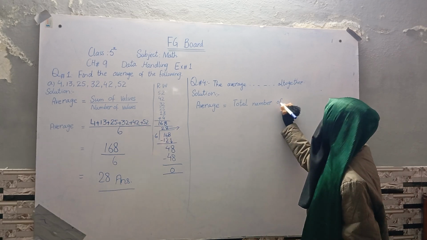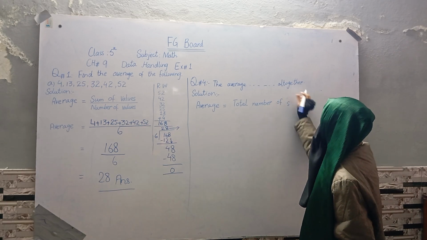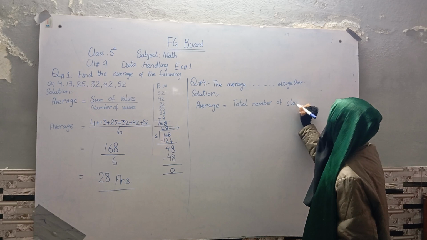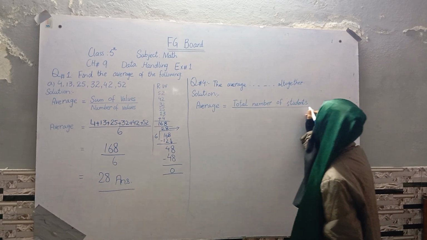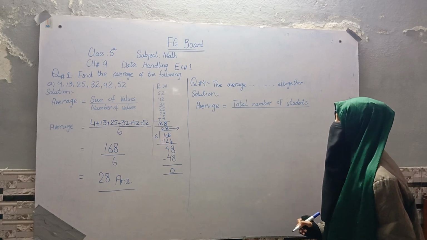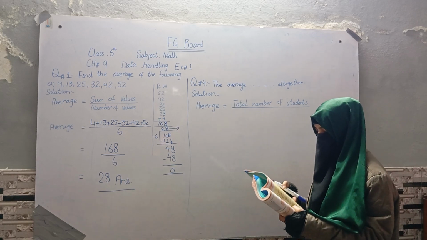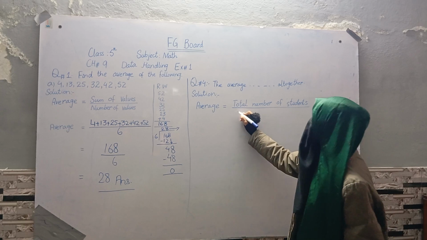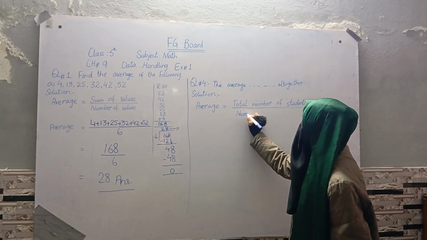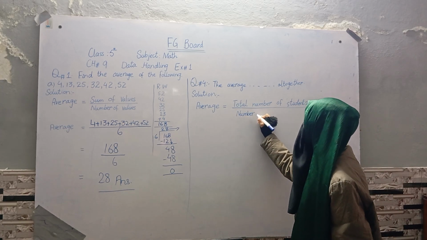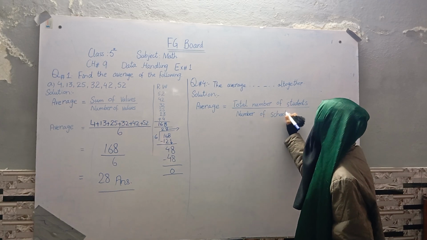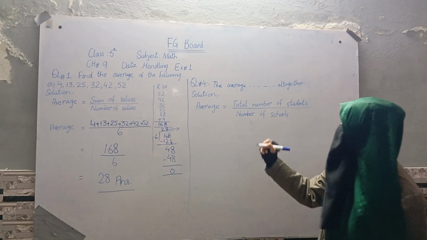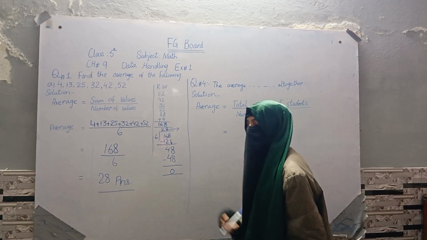Total number of students. Okay. Now I put the fraction line and here I write the number of schools. So I put the values from the question into the formula.